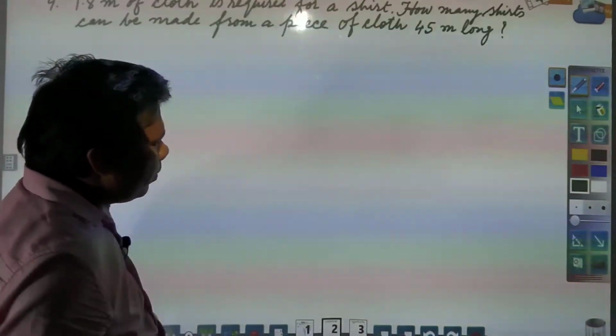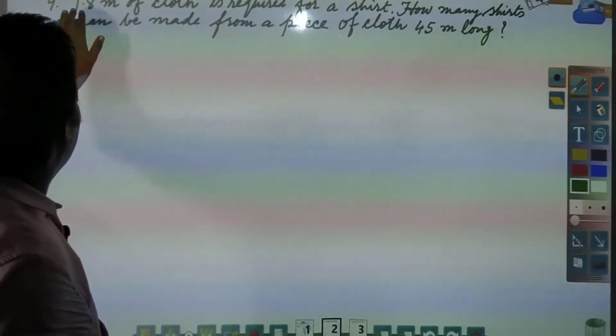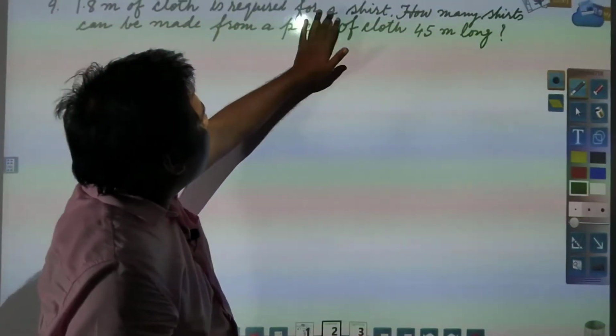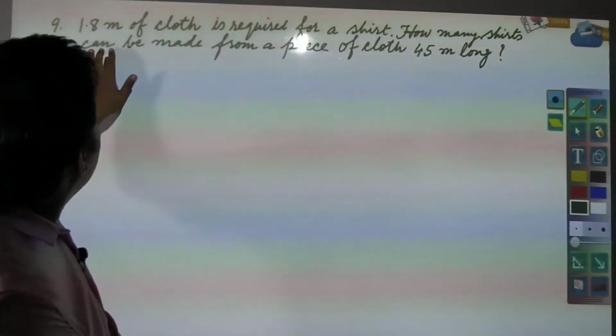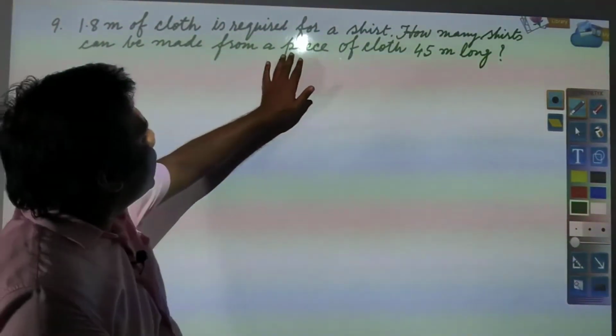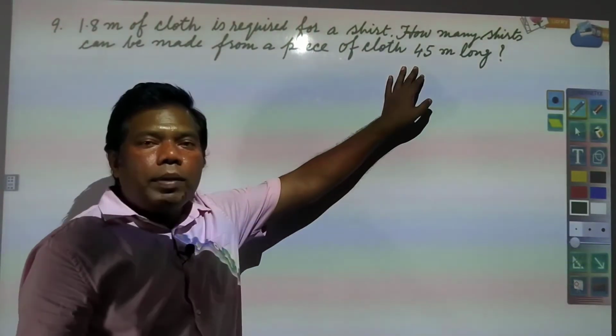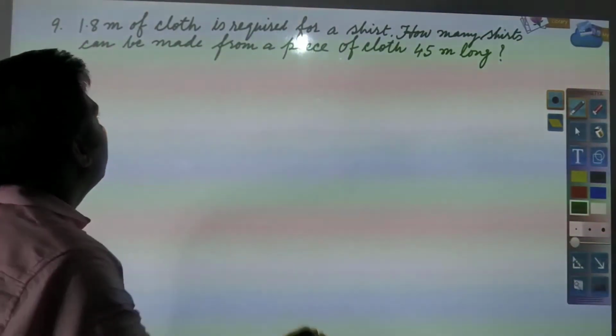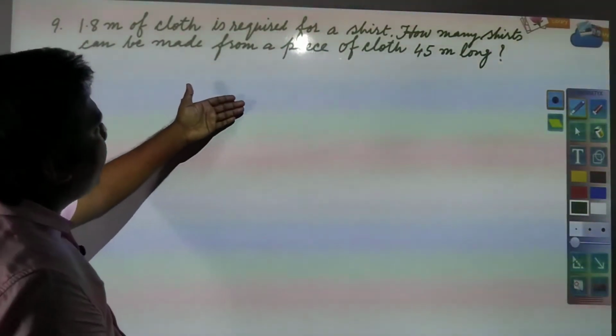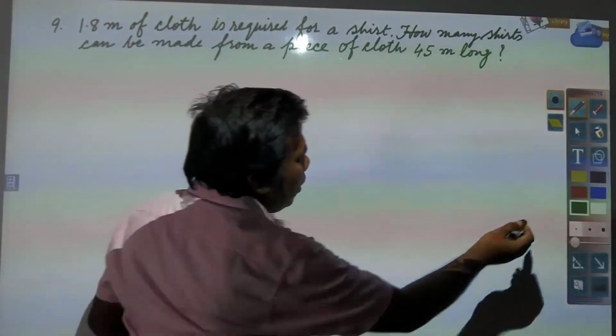Next question, you see. 1.8 meter of cloth is required for a shirt. How many shirts can be made from a piece of cloth that is 45 meter long? So here again the same thing, the unitary method can be applied, but you can also solve directly.